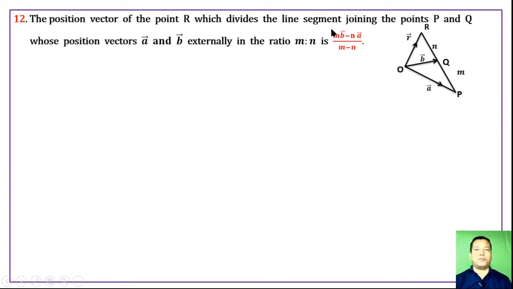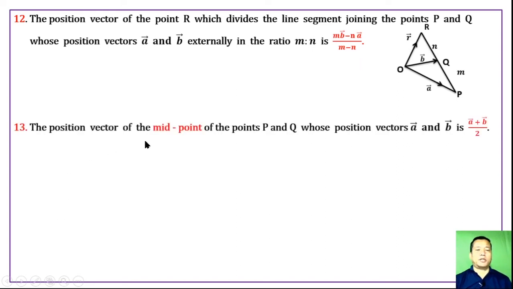In the picture, R is a point outside the segment PQ, on the Q side or the P side. The division is external, so in the earlier formula the plus changes to minus.